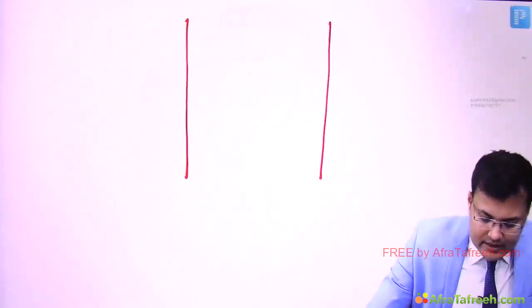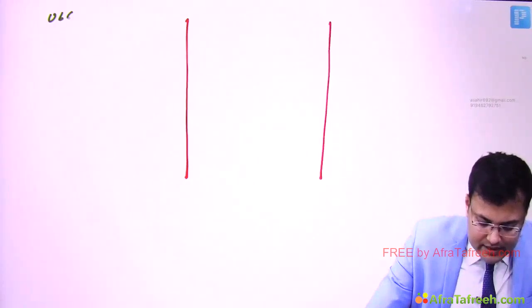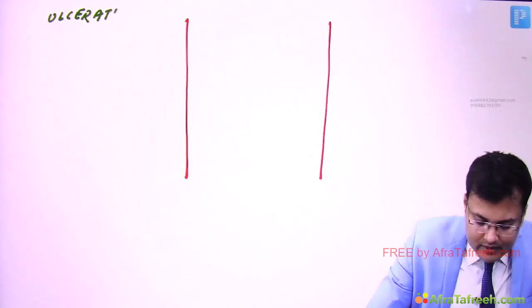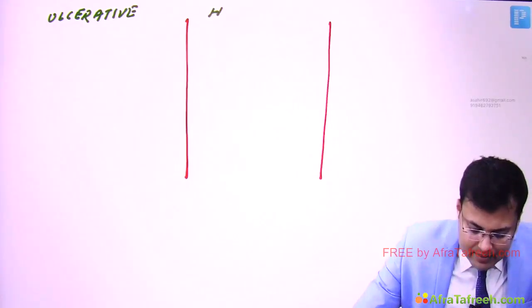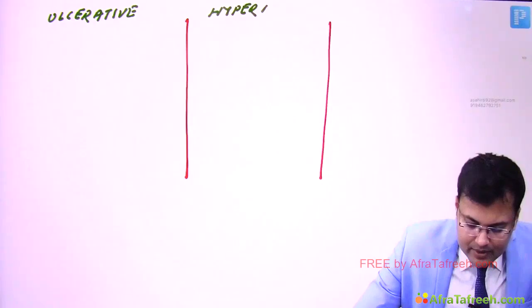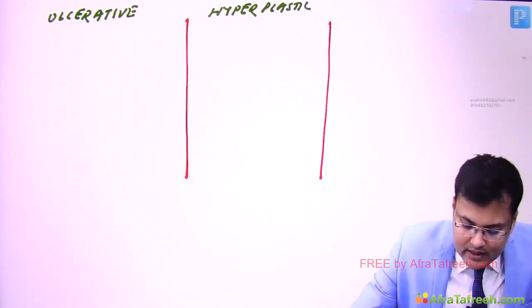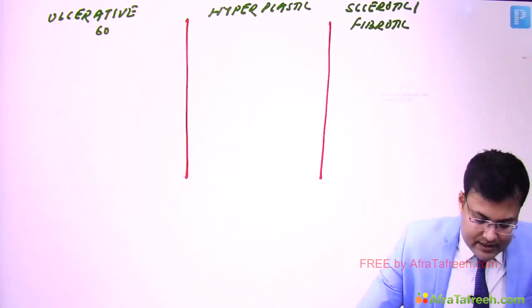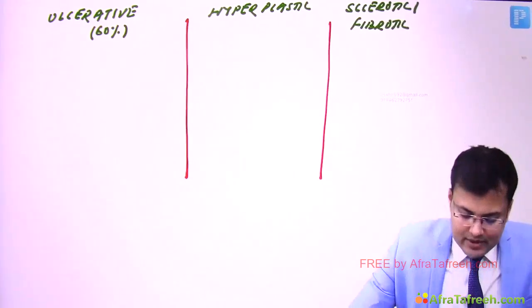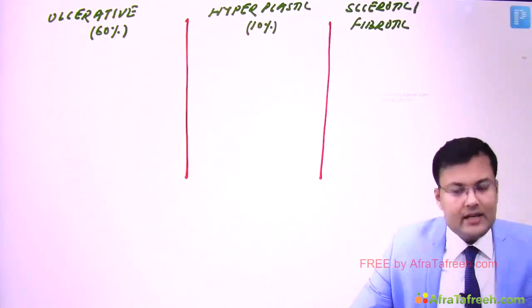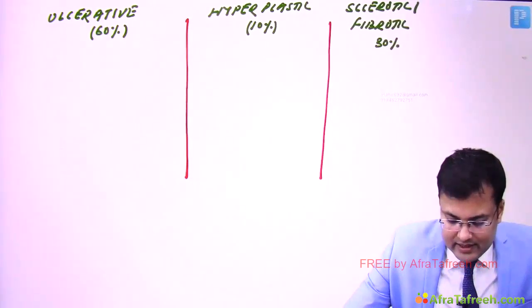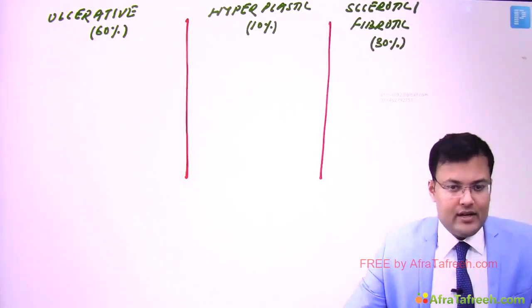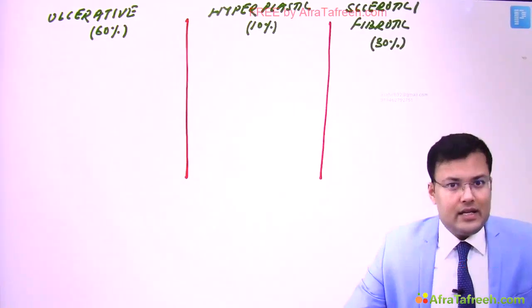Right? So sclerotic or fibrotic. Okay, see the distribution. In 60% cases, it's ulcerative variety. In 10% cases, it is hyperplastic variety, and in 30% cases, it is sclerotic or fibrotic. So most common type is ulcerative variety.